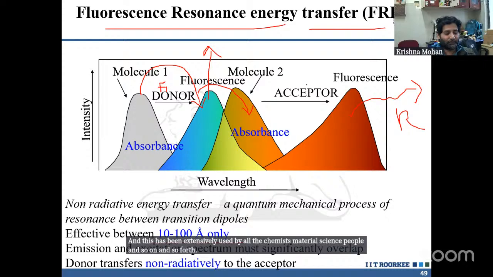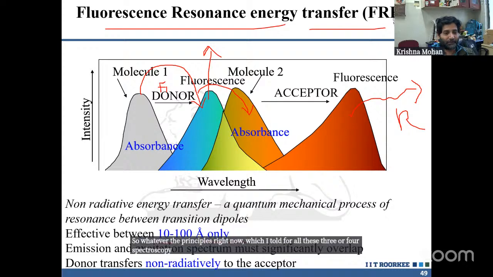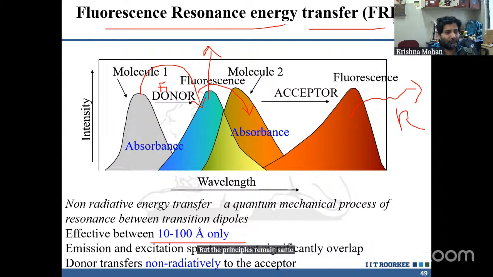So for the principles I have told you for all these 3 or 4 spectroscopy techniques and the rest, I am showing examples for biomolecules. The reason being, you may study a lot of small molecules, being in the chemistry division or something. That is why I am showing the biology molecules. But the principles remain the same, irrespective of whether it is a biomolecule or a small molecule.